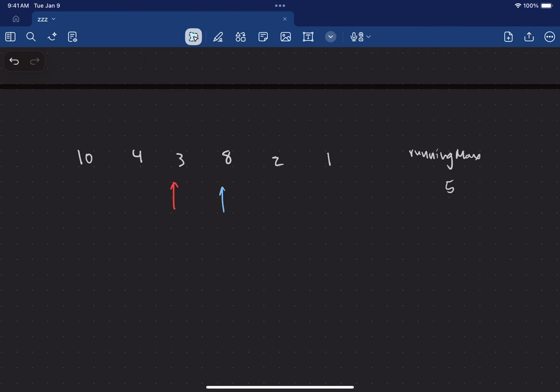Okay, and then since we got a positive current profit, we move over. And this is the next time that we get a decreasing comparison, right? So since the current profit is negative, that tells us that 3 is not the ideal place for us to keep that pointer. And we can slide this over. Once again, we make this comparison and we get a negative number, which means we can slide it over again.